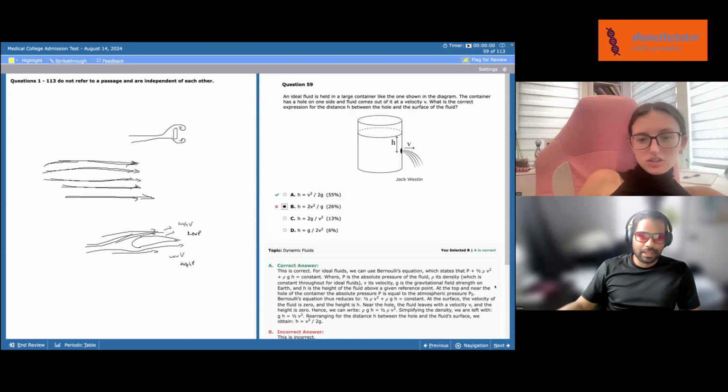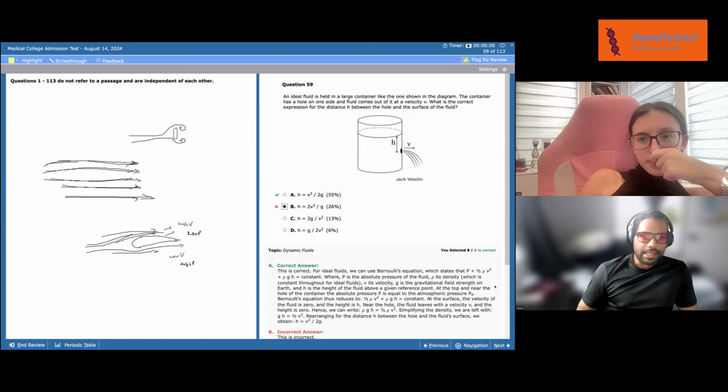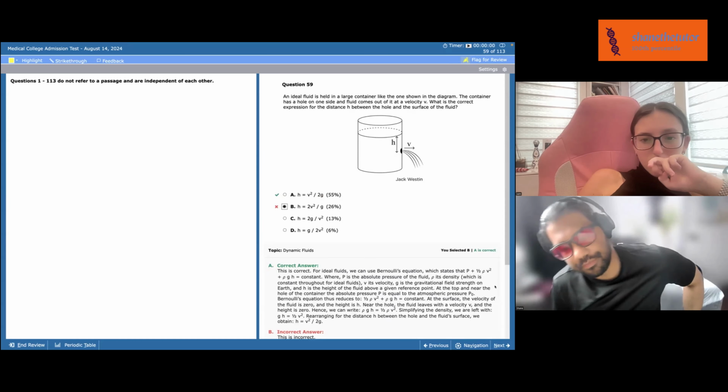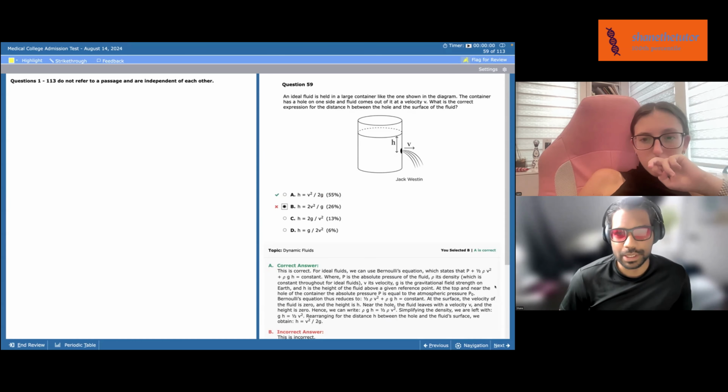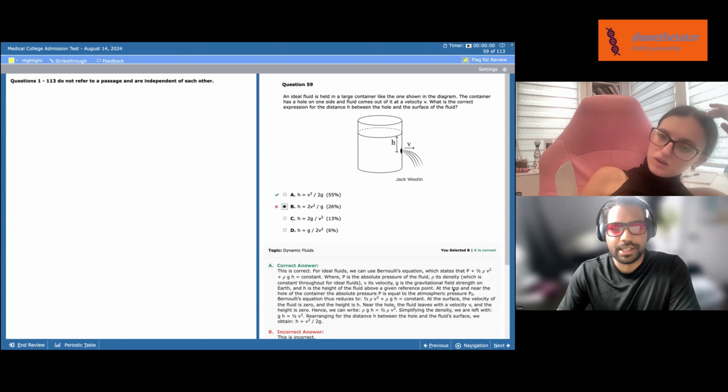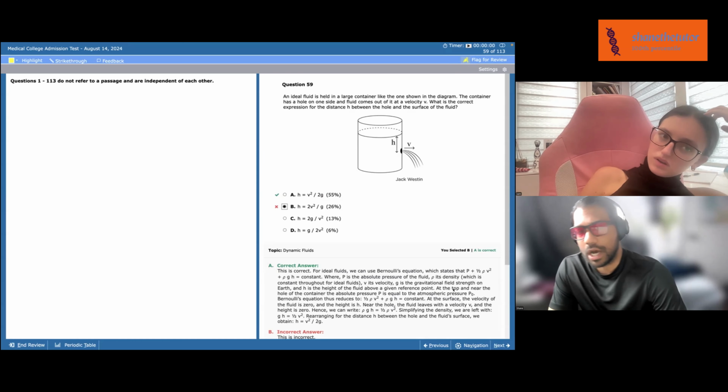All right, I think this is just an equation thing. So I'll show you a shortcut for this as well. A lot of times this makes people think about fluid dynamics, but it's not really a fluid moving. So we can treat this as anything that we're just straight up dropping.